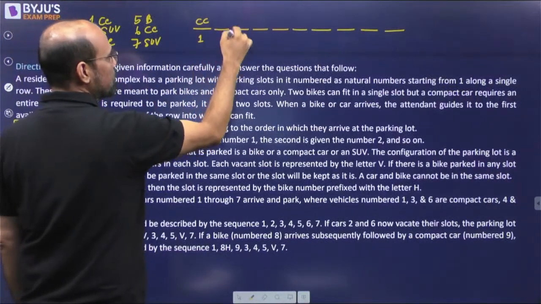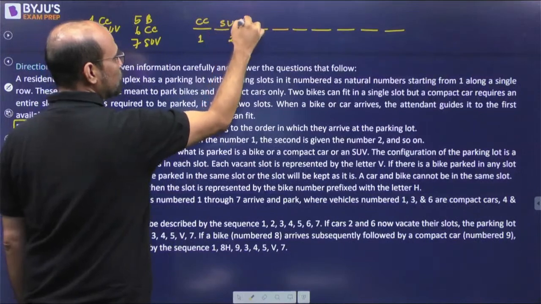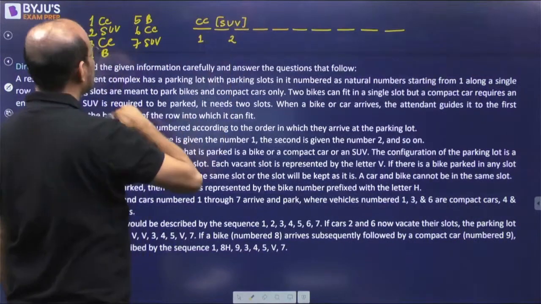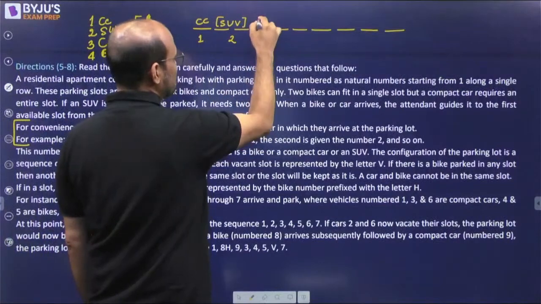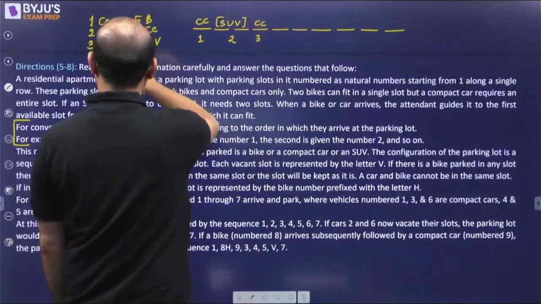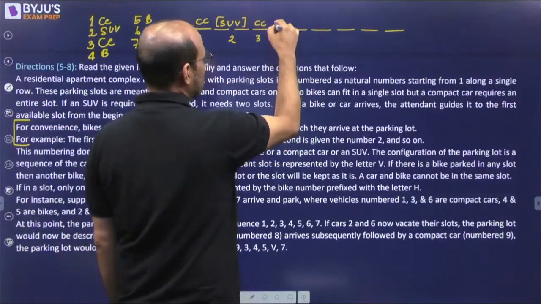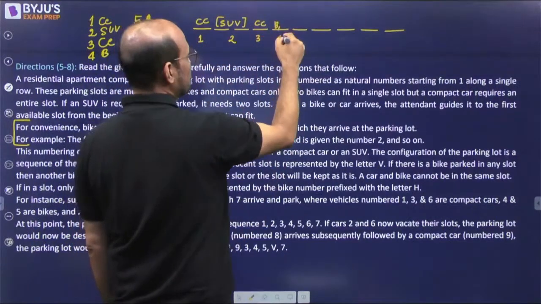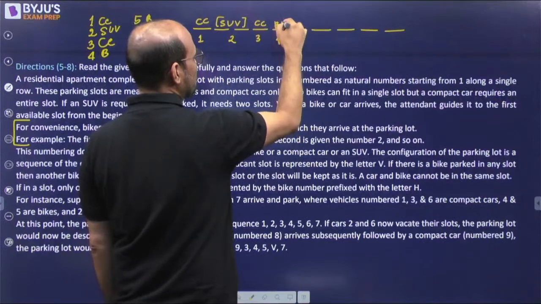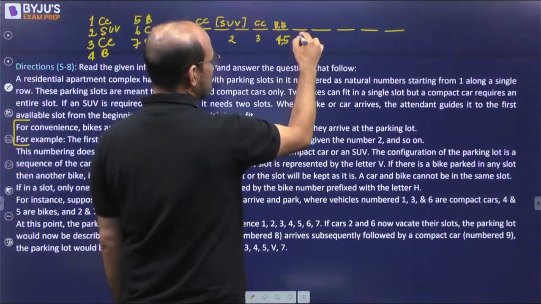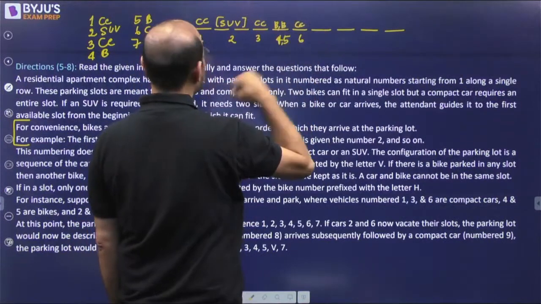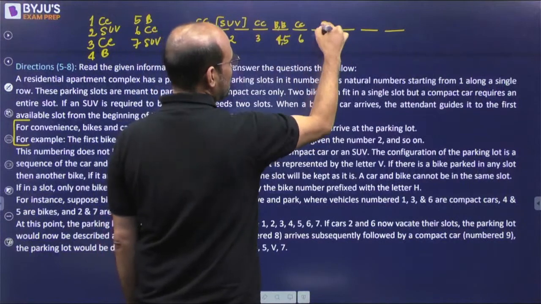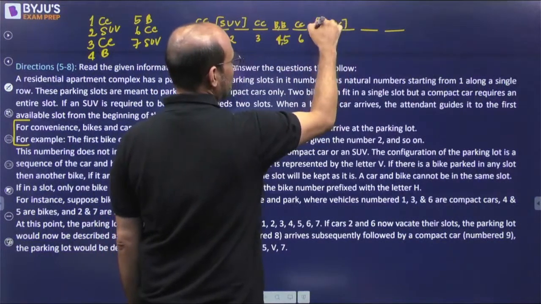Second that comes in takes up these entire 2 slots, an SUV. Third that comes in picks up this one, a car. Fourth will take up half of this, which is a bike. Fifth also comes in here, takes in the bike. Sixth will take the compact car. Seventh will take this entire SUV.